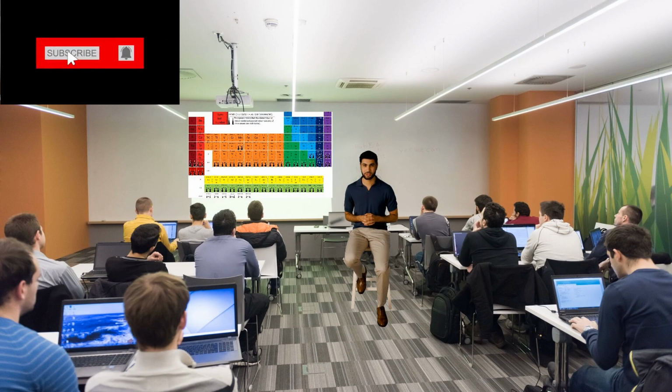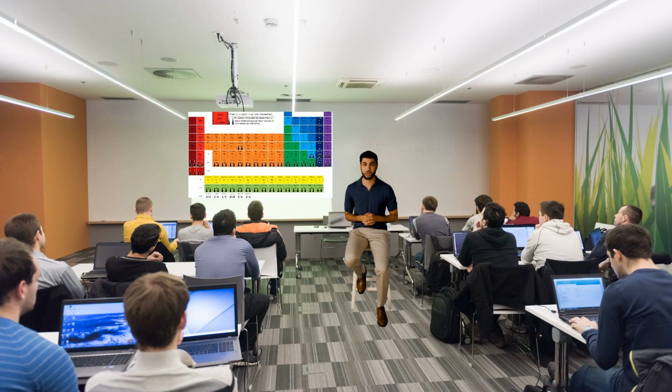Finally, the F block, which is usually shown below the main body of the table, contains the lanthanides and actinides. These blocks reflect the orbitals that are being filled with electrons as the atomic number increases.